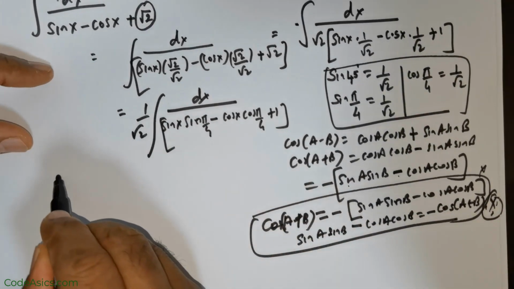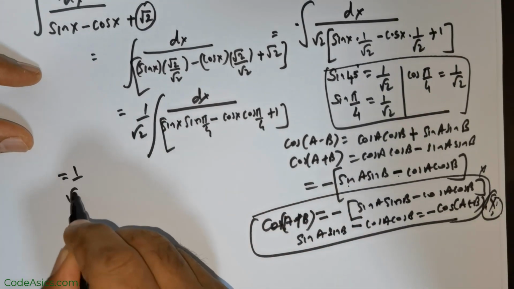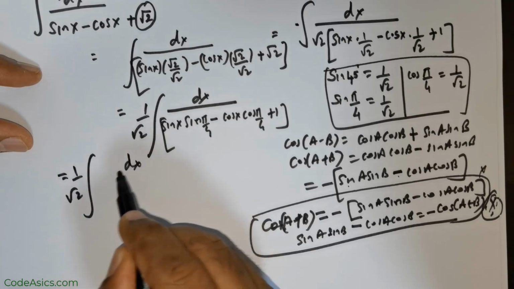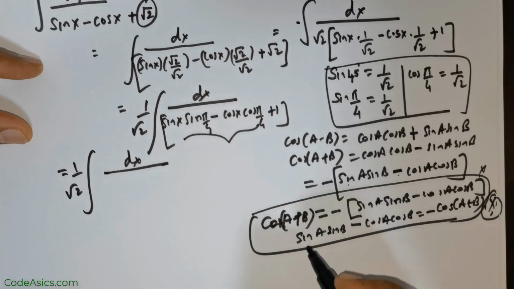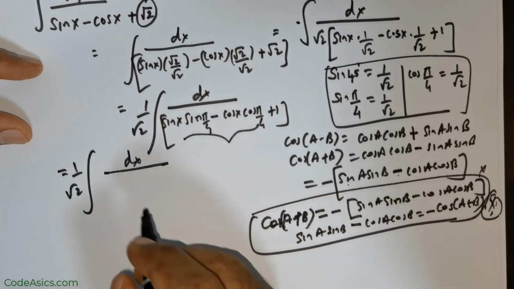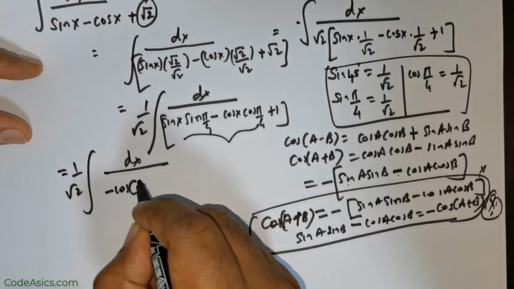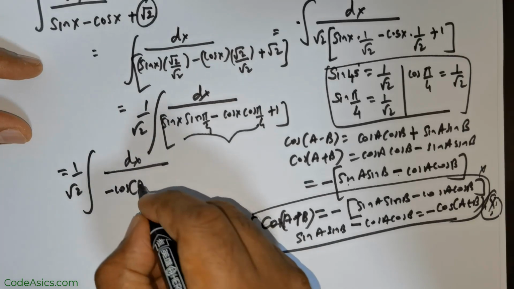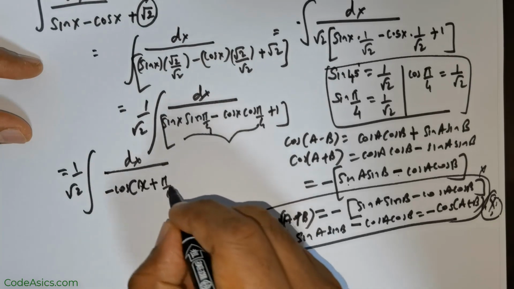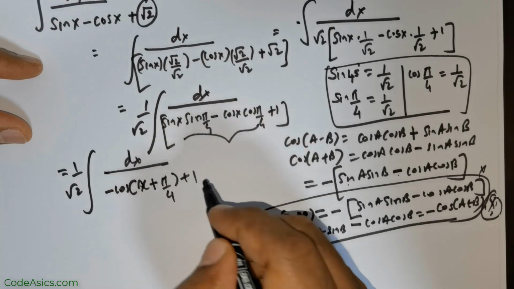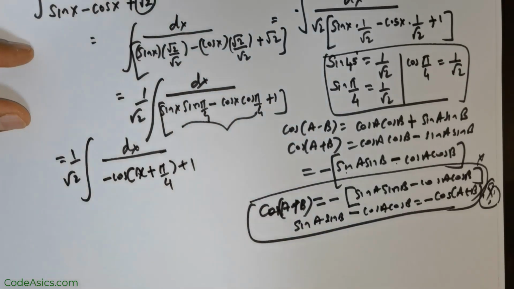So let me do that. So this is equal to 1 over root 2 integral dx divided by, in place of this I am substituting negative cos of a plus b. So in this case it's going to be x positive pi over 4, and you got a positive 1 over there. So this is what we have got.